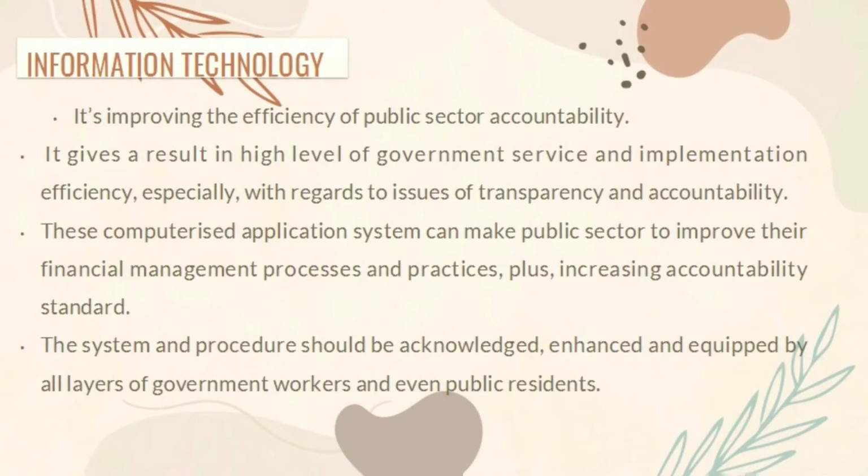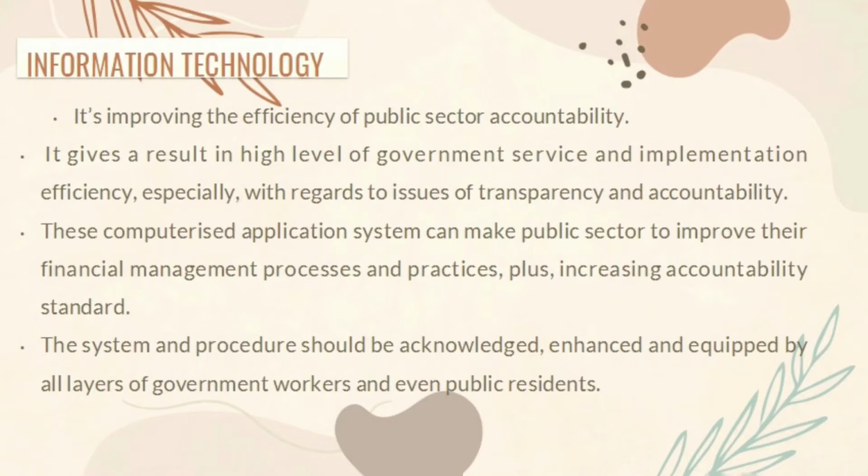The implementation of information technology is an important aspect of improving the efficiency of public sector accountability. This can also result in a high level of government service and implementation efficiency, especially with regard to the issue of transparency and accountability.